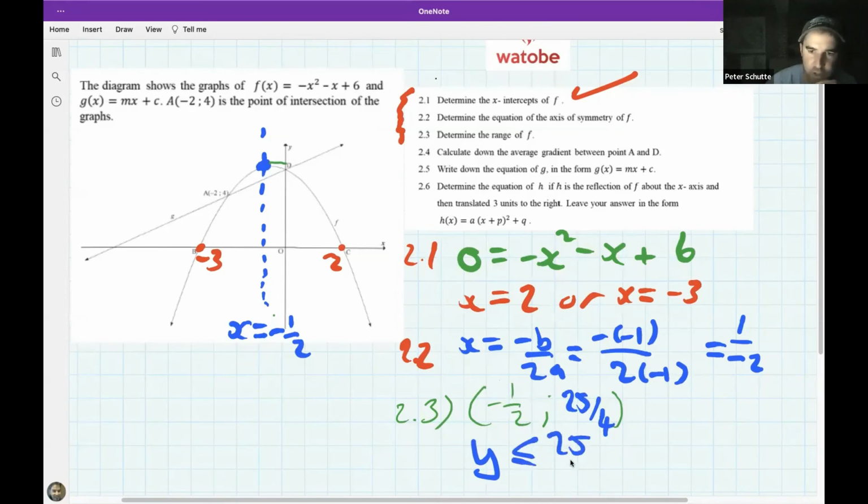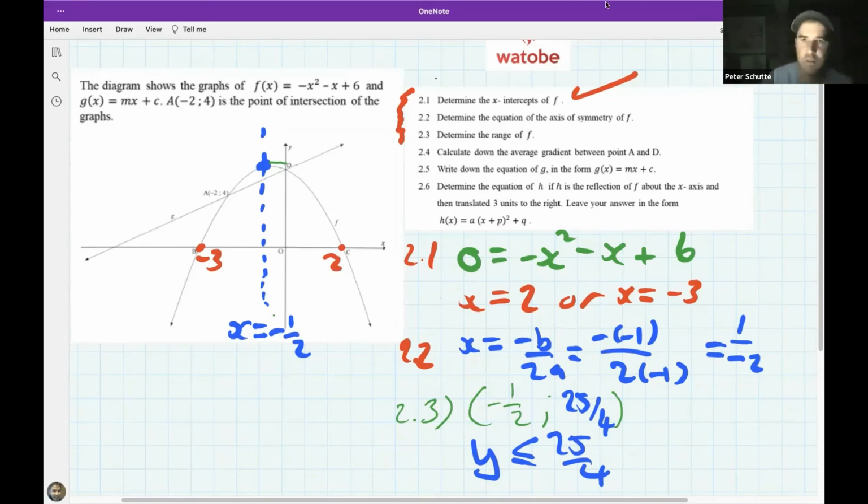Perfect. So it's going to be less than or equal to 25/4, because the biggest value this parabola ever gets to in life is 25/4, which is up here. Right, so that's over there. It's just above 6, which is the y-intercept. So you say all y values that are less than or equal to the highest point are going to be the range.